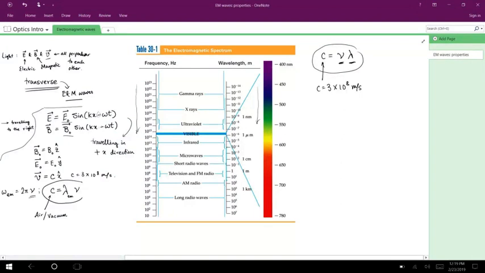As you go from violet to the red side of the spectrum, the wavelength increases and the frequency decreases. That's the idea. And then if we go to smaller and smaller wavelengths, we have ultraviolet, and then we have X-rays and gamma rays. The gamma rays are really small wavelength light rays.